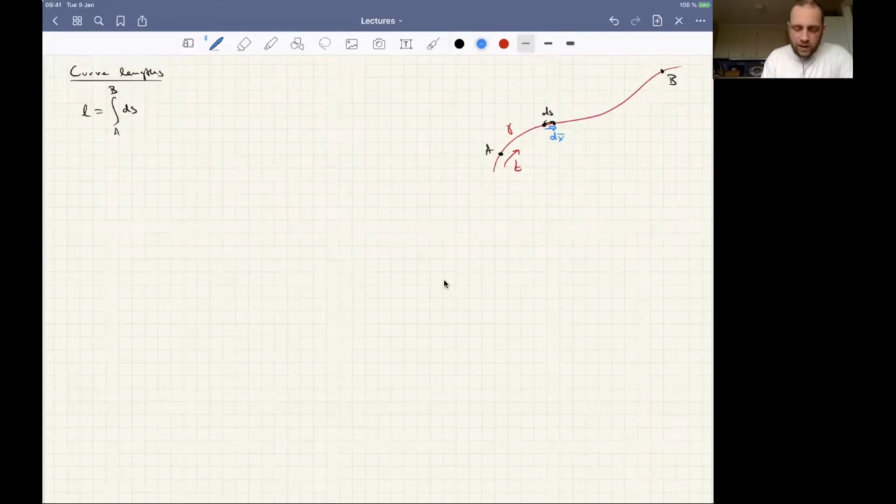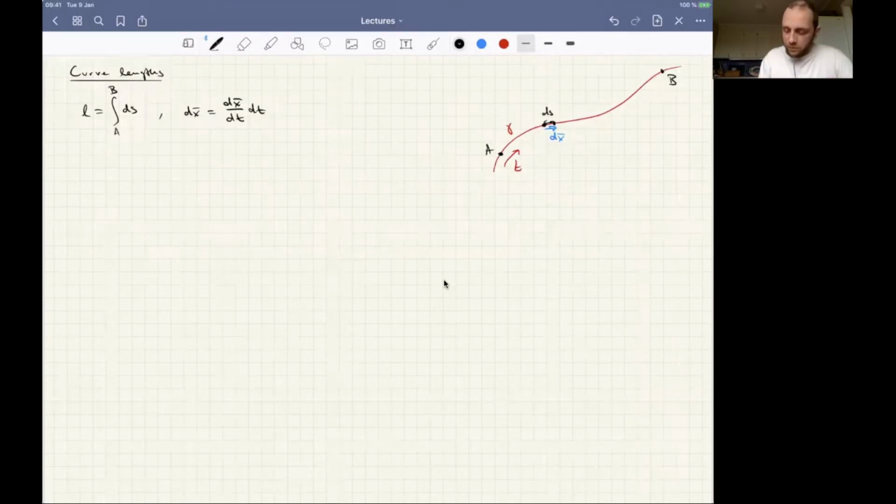And if I want to write dx in terms of the curve parameter, this dx is dx/dt times dt, right? Because it's just how the position changes with time multiplied by the change in time, or curve parameter. So how am I going to relate this to ds?